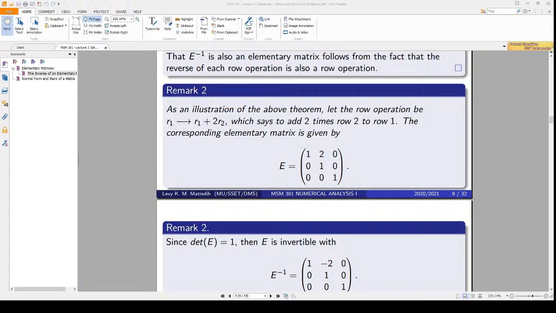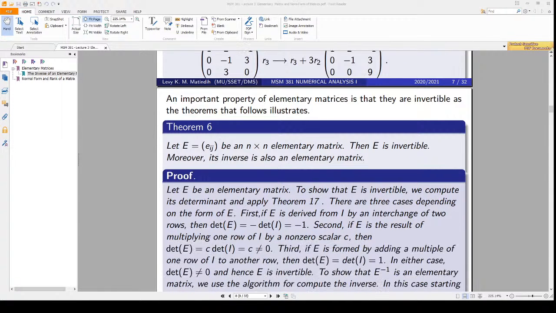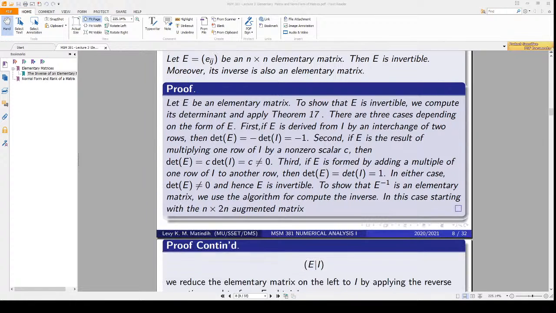So I would like to go to remark number 2. This is just an illustration of the above theorem, which is theorem number 6. We are trying to see the link between this theorem and how these things are related.